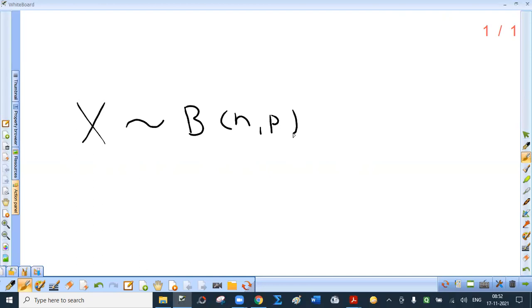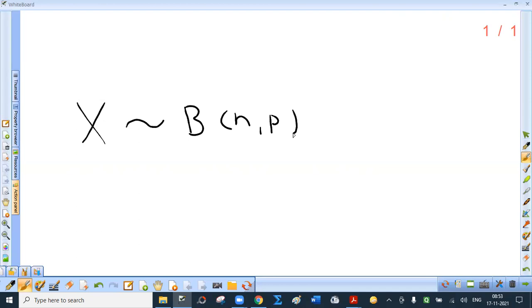What does small n stand for? The number of trials, the number of times the experiment is repeated. And what does small p stand for? It is the probability of success. How to define success? That we have to decide. So small q, which is 1 minus p, will be the probability of failure.